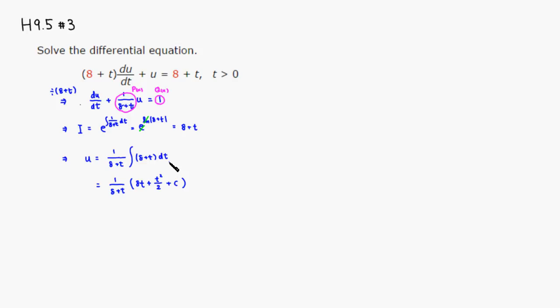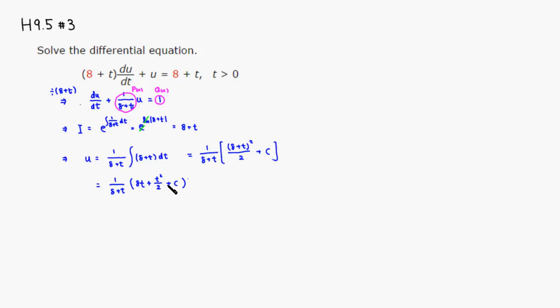So we have that, and that's one way to write it. Another way to write that would be 1 over 8 plus t, then we can think of the antiderivative of this as add 1 to the power 2 divided by that power 2 plus some constant c.